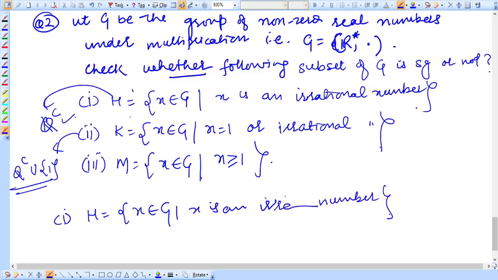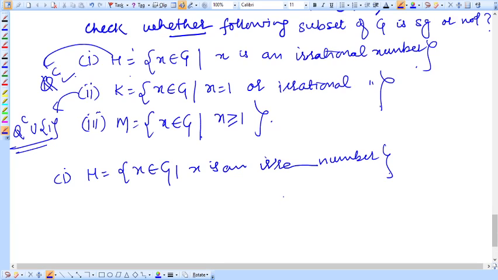So my claim is, can you figure it out, is it a subgroup or not? I say it is not a subgroup. Why is it not a subgroup?